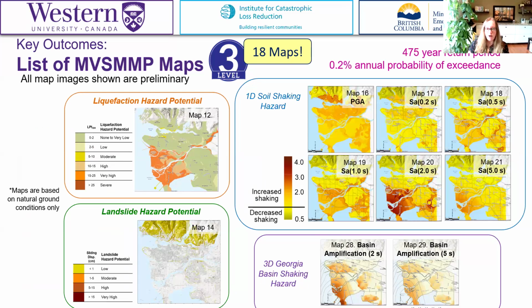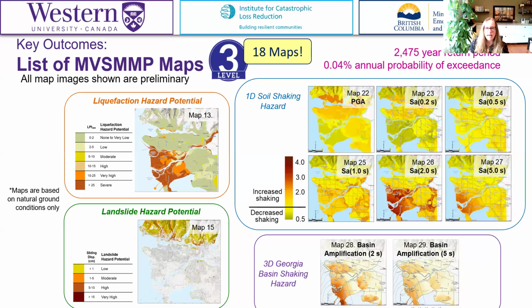We also pushed further to level 3 maps, and now we're talking about the last 18 maps that are made for a particular seismic shaking intensity, or a 475-year return period. And here we're predicting that liquefaction will be triggered by that shaking intensity level, or landslides will be produced, or that the earthquake shaking will be increased in oranges and reds or decreased in yellows and greens based on that shaking intensity.